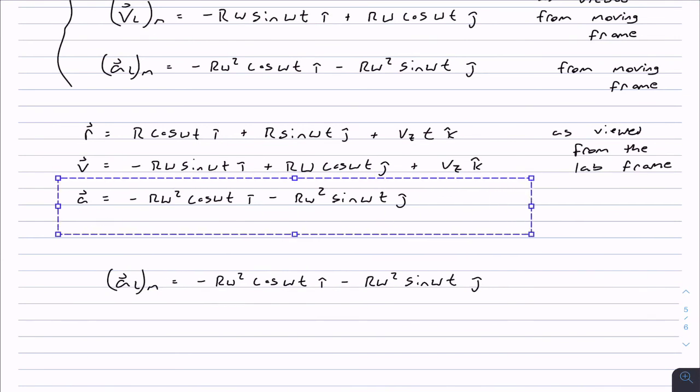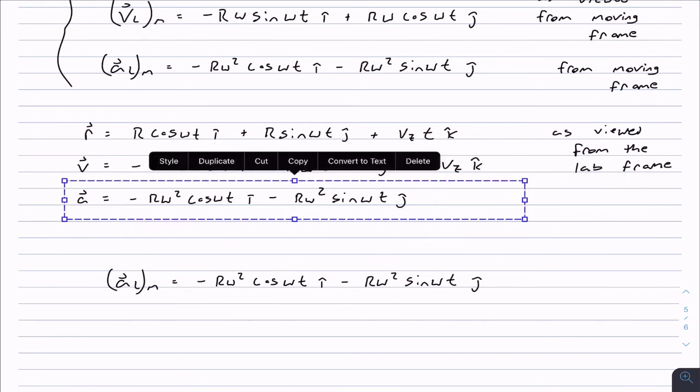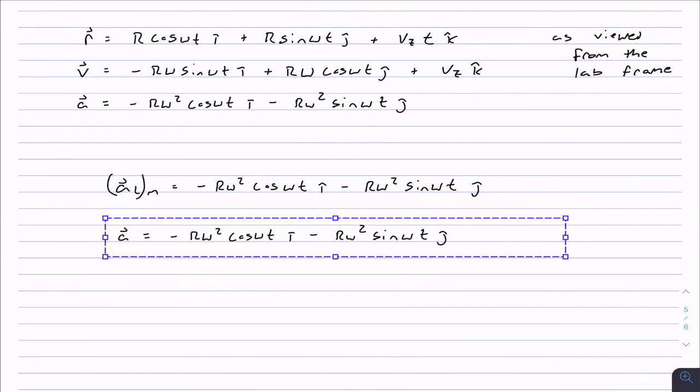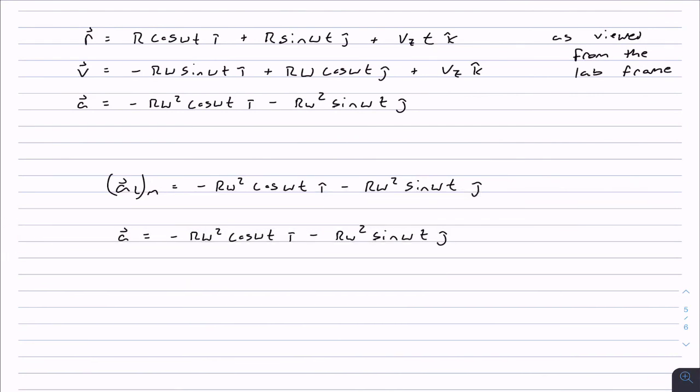I can't see them, they're way over there. So we have two acceleration functions: one as viewed from the lab here, and one as viewed from the moving frame that's moving in line with the particle.